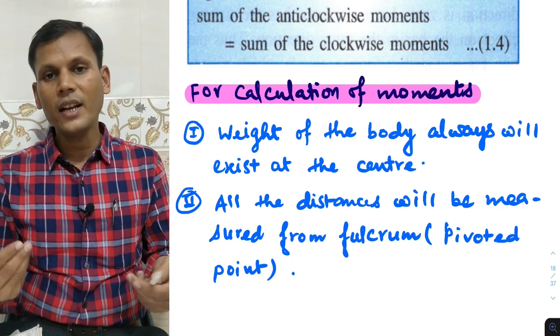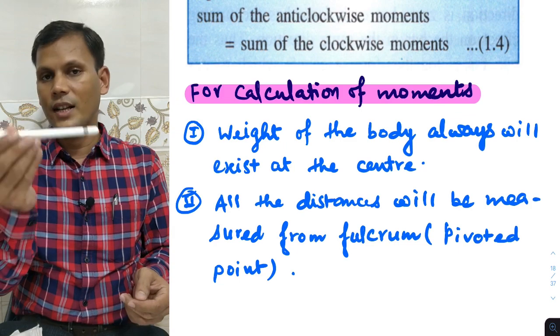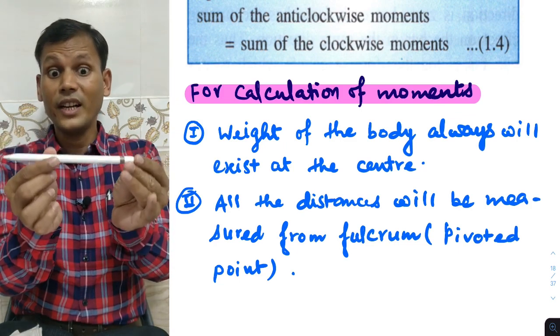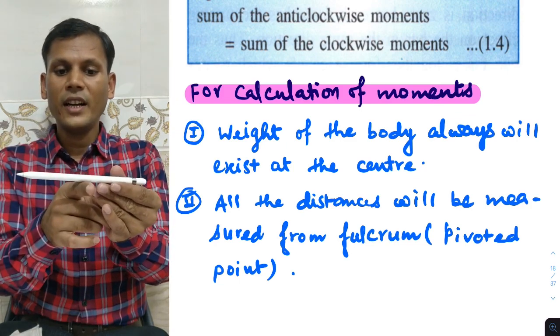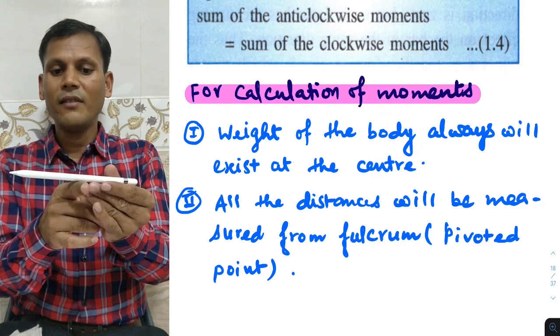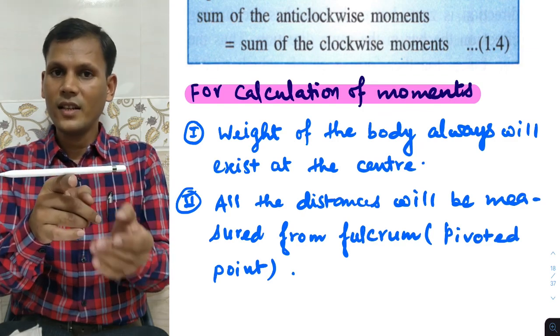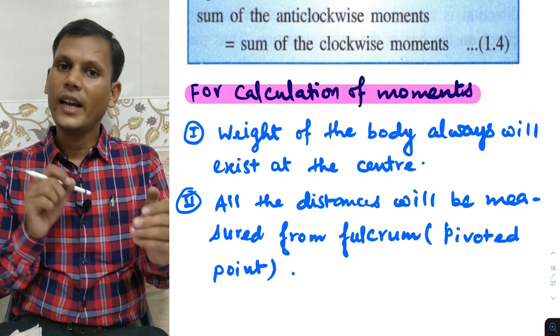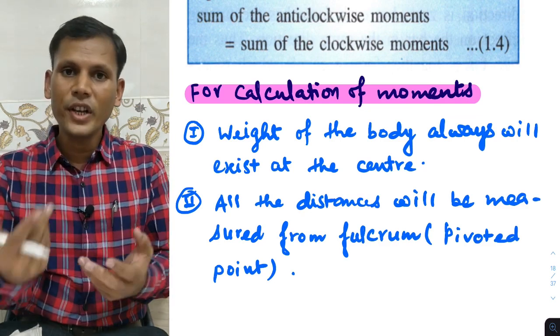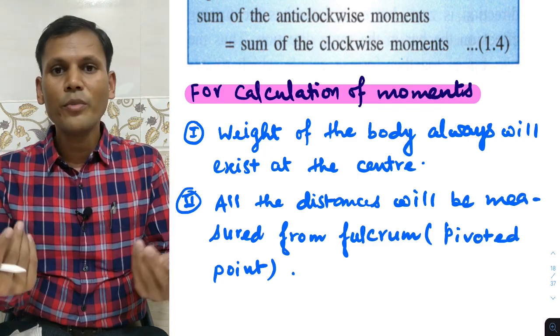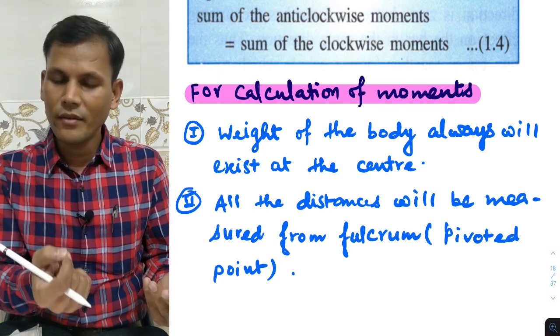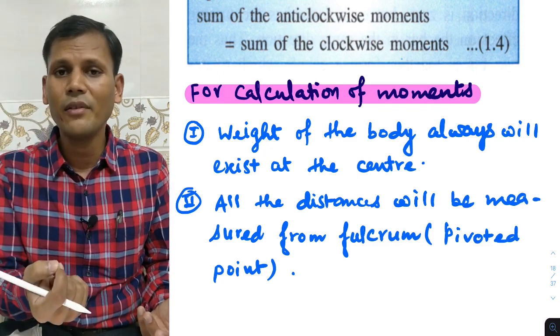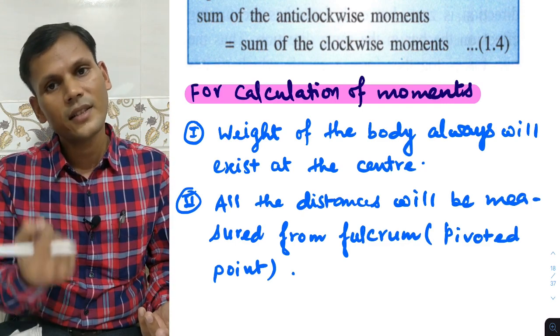Its total weight will exist at the center. If I ask you where its weight will exist, definitely where it will be balanced, that will be its center of gravity, the center. So if any body is given and we are asked where its weight will exist, definitely we will say it is at the center.